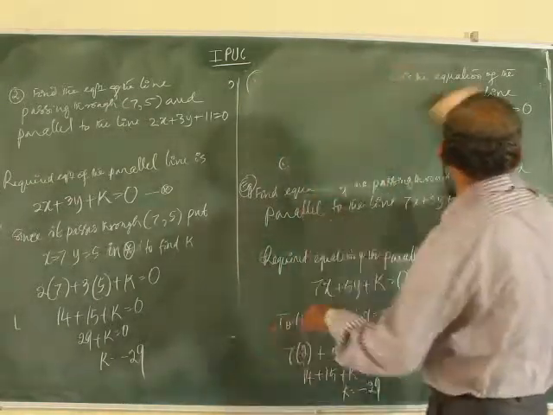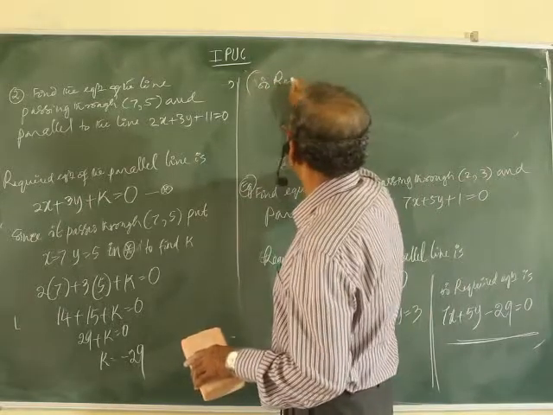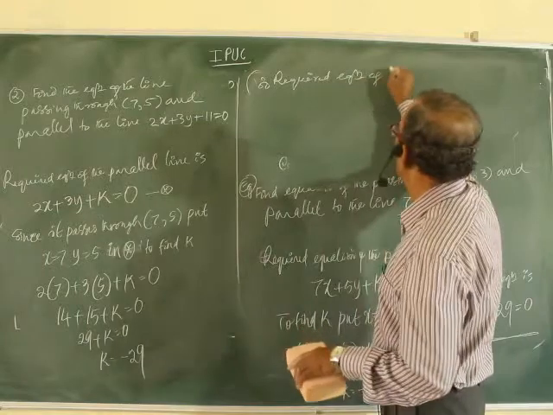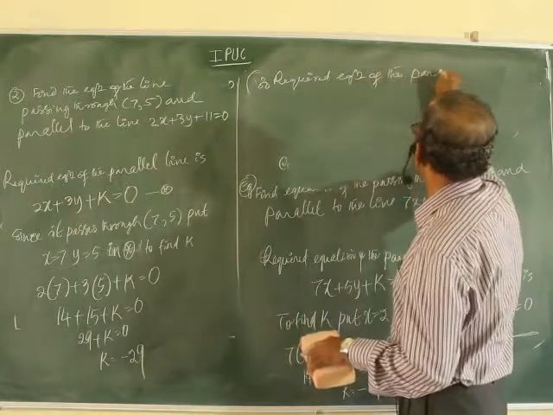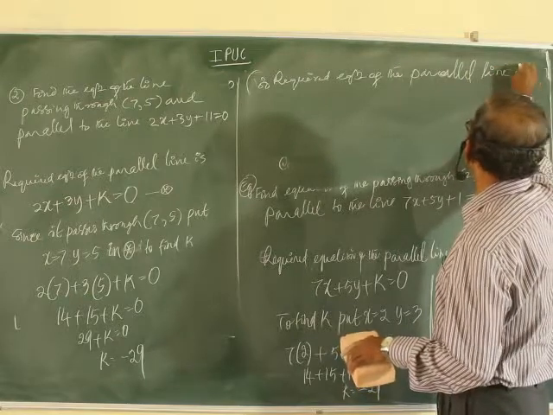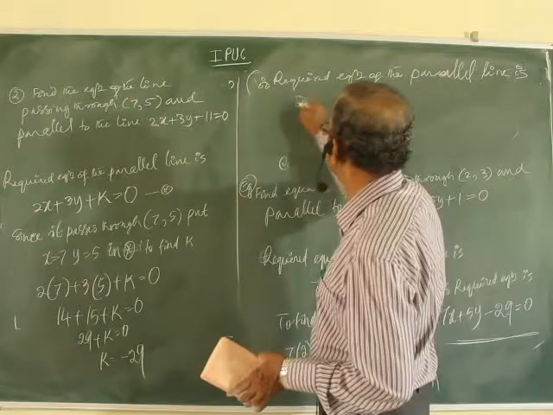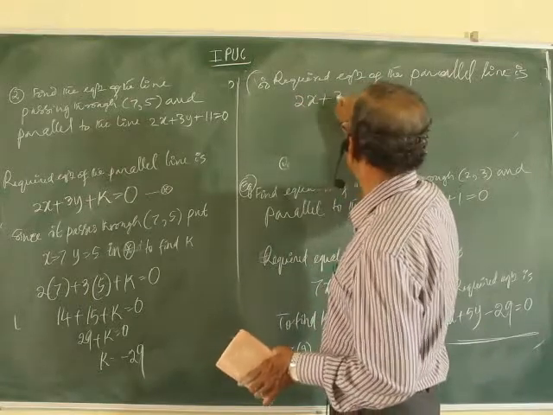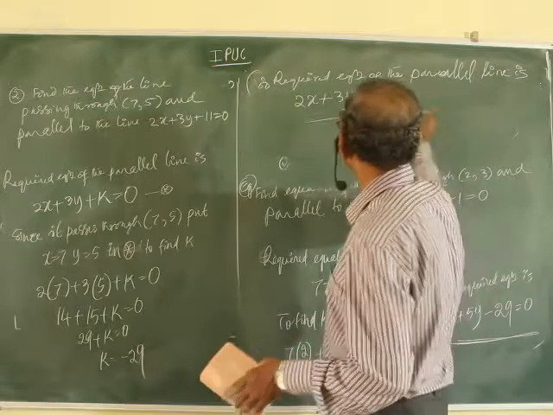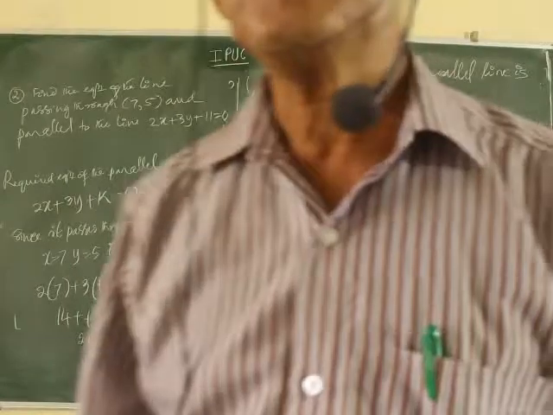Now write the answer. Therefore, the required equation of the parallel line is, once again with the same x and y terms, 2x + 3y - 29 = 0.